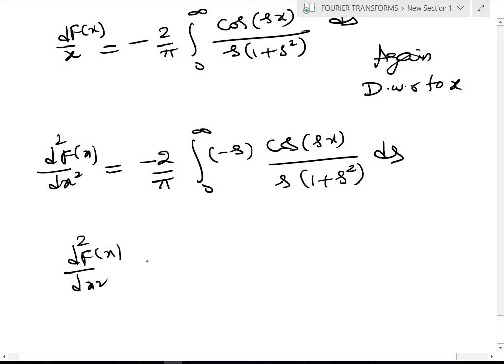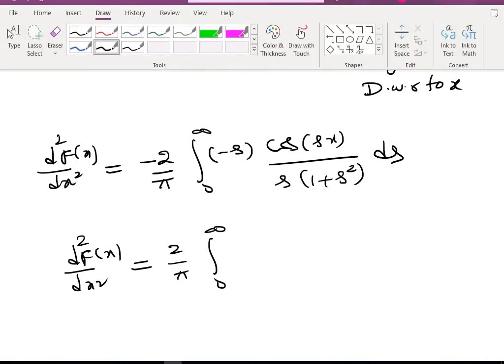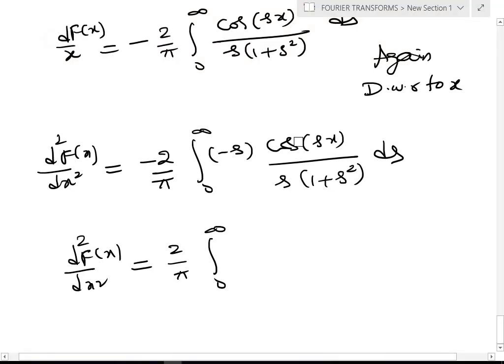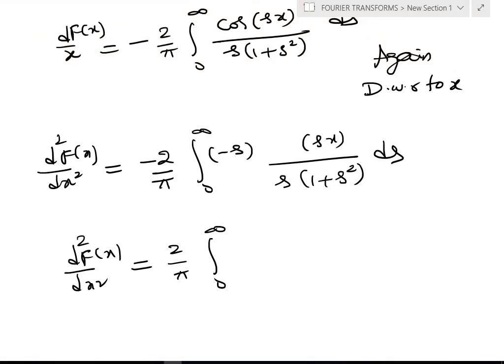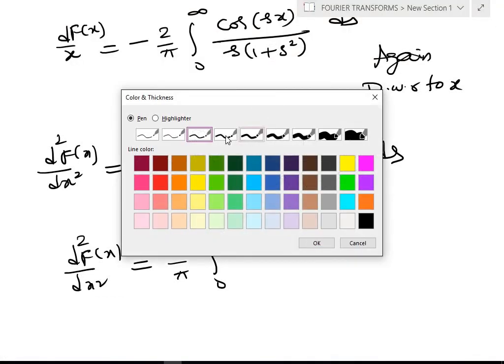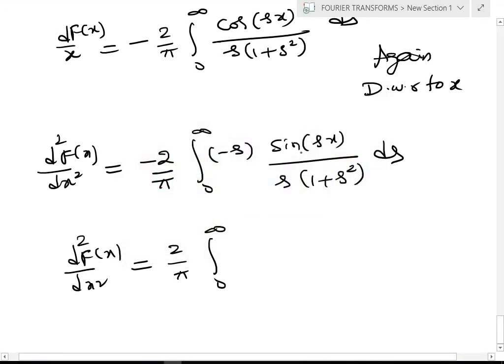f of x will be equal to, so s and s will cancel, 2 by pi into 0 to infinity, I am sorry, cos differentiation, I am supposed to put here sin. This is sin of sx.